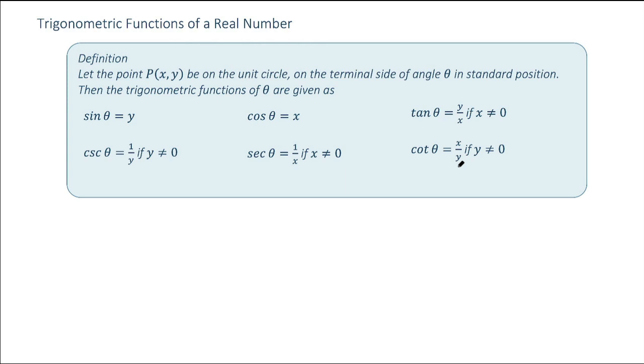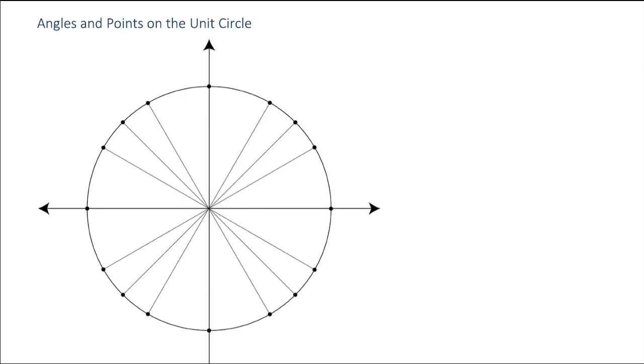Now, understanding the points on the unit circle is essential to evaluating trigonometric functions. So we're going to look at what is often just referred to as the unit circle in math, and that's not just the circle itself.